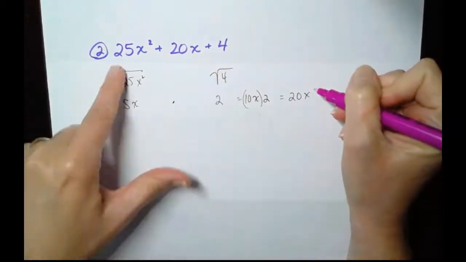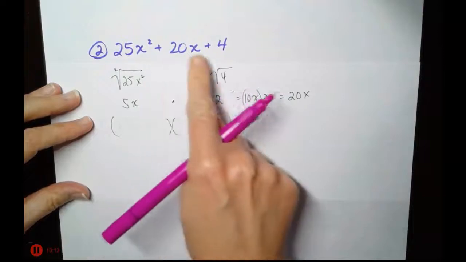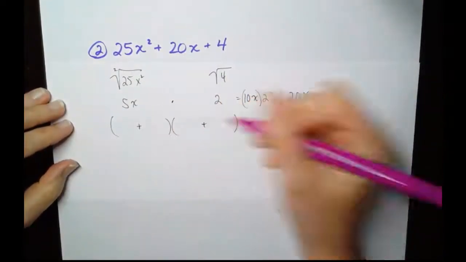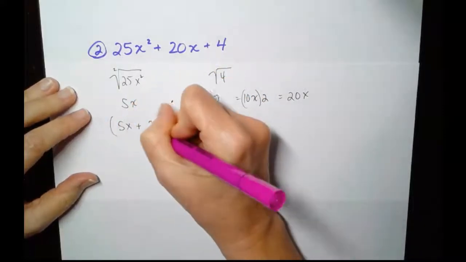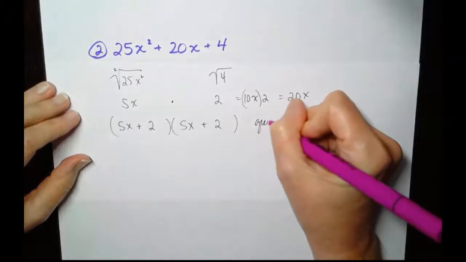So yes, this is a perfect square trinomial. And once again, plus, plus in the trinomial will be plus, plus in the factors. So 5x plus 2, 5x plus 2, this is our guess.